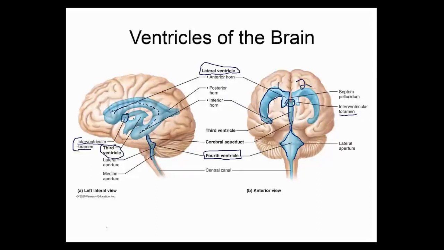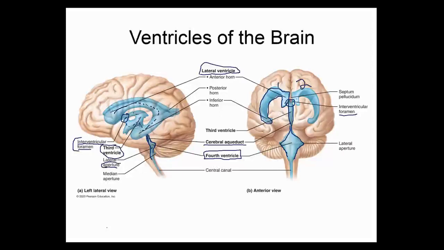Once in the third ventricle, it will flow down through what's called the cerebral aqueduct. So getting a little more fancy with our terminology, I suppose. The cerebral aqueduct is going to be the passage between the third and fourth ventricle. And then from the fourth ventricle, it basically vents out into the subarachnoid space through what are called apertures.